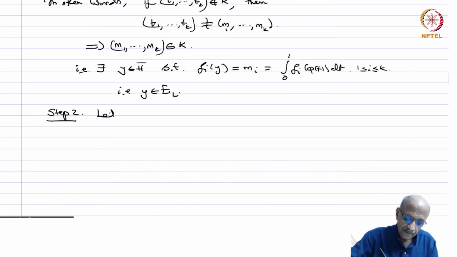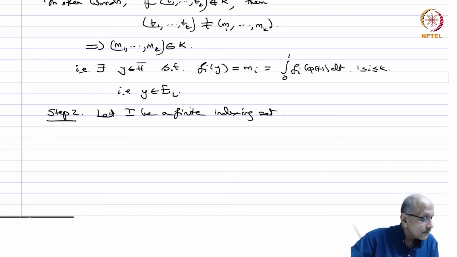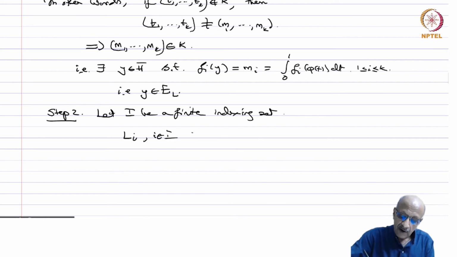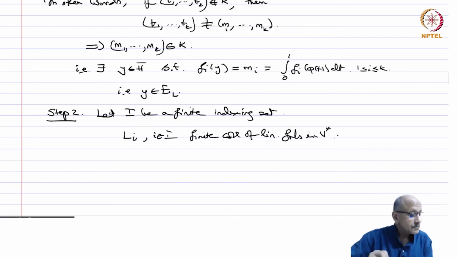So let I be a finite indexing set. Then you take Li for i in I, a finite collection of linear functionals in V star. Then you take L equals the union over i in I of Li.